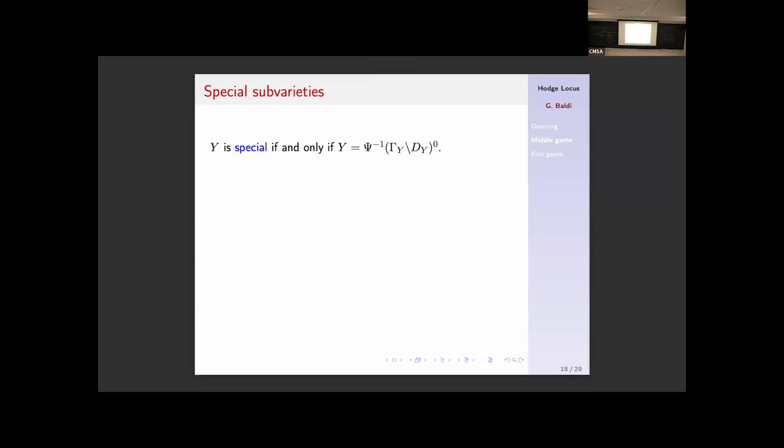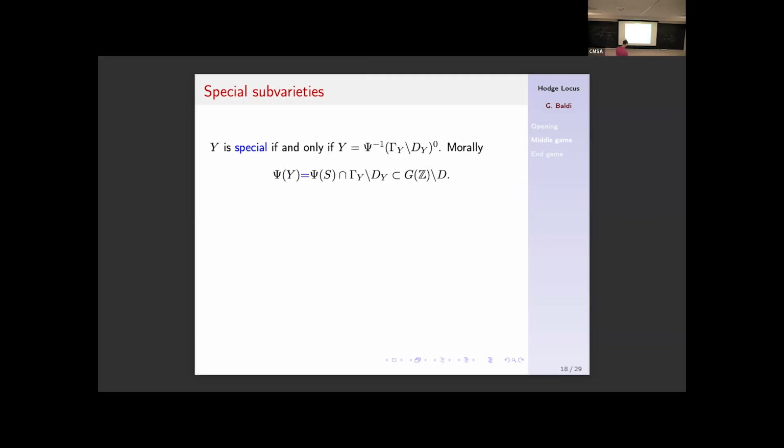And Y is special if, in fact, the diagram is a fiber diagram. So Y is exactly a component of the preimage under psi of D_Y mod Gamma_Y. So naively, we are thinking that our special subvarieties, our components of the Hodge locus, are the intersection between S, our system here, and the sub-linear algebraic objects parameterizing extra symmetries.